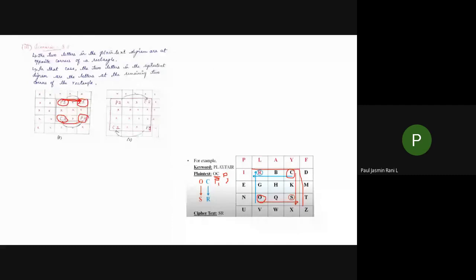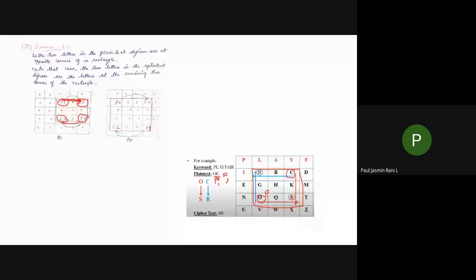After forming this rectangle, you have to find out C1 and C2. For P1, which is O, on the left side, you have to find the dead end on the right side. Yes, that is your utmost end, the last end.